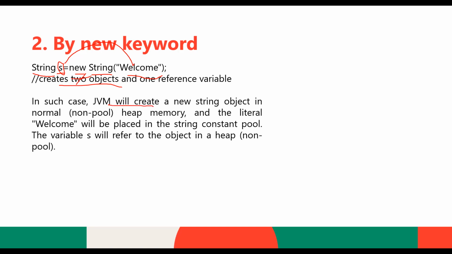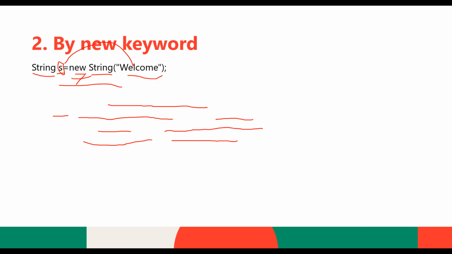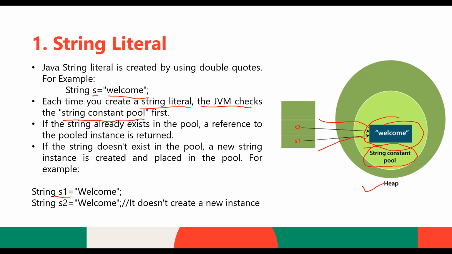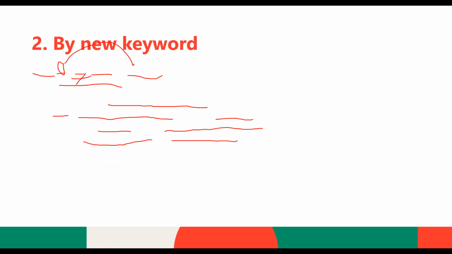In such a case, the JVM will create a new string object in normal, that is the non-pool heap memory, and the literal welcome will be placed in the string constant pool. The variable s will refer to the object in the heap, that is the non-pool. So what it says is, in the previous one we saw that when we use the literal method, it creates this object over here in the string constant pool.